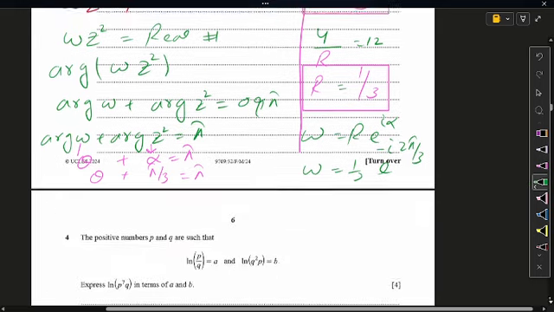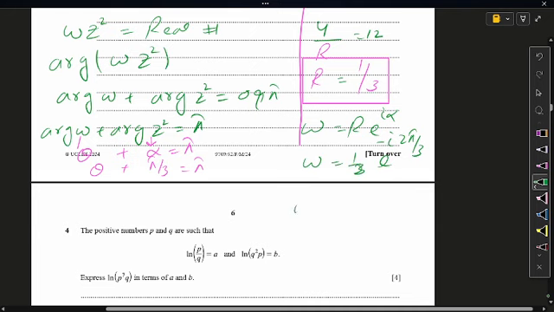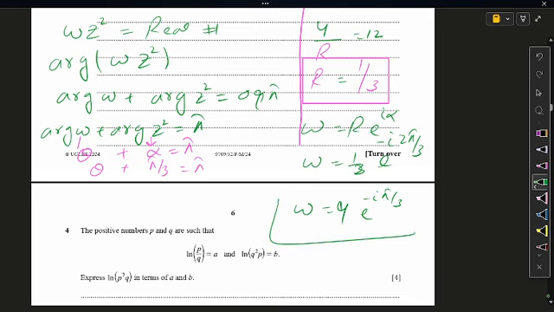And also the first value of omega was 4 e raised to the power minus iota pi by 3. That was the first value of omega, and for the second value it's 1 by 3 e raised to the power minus iota 2 pi by 3. That's all about it.